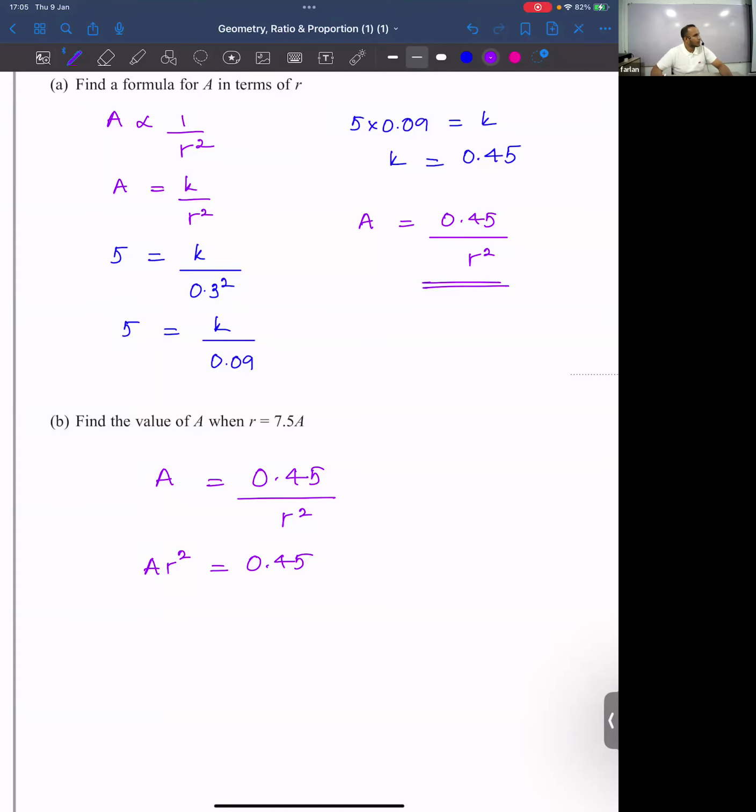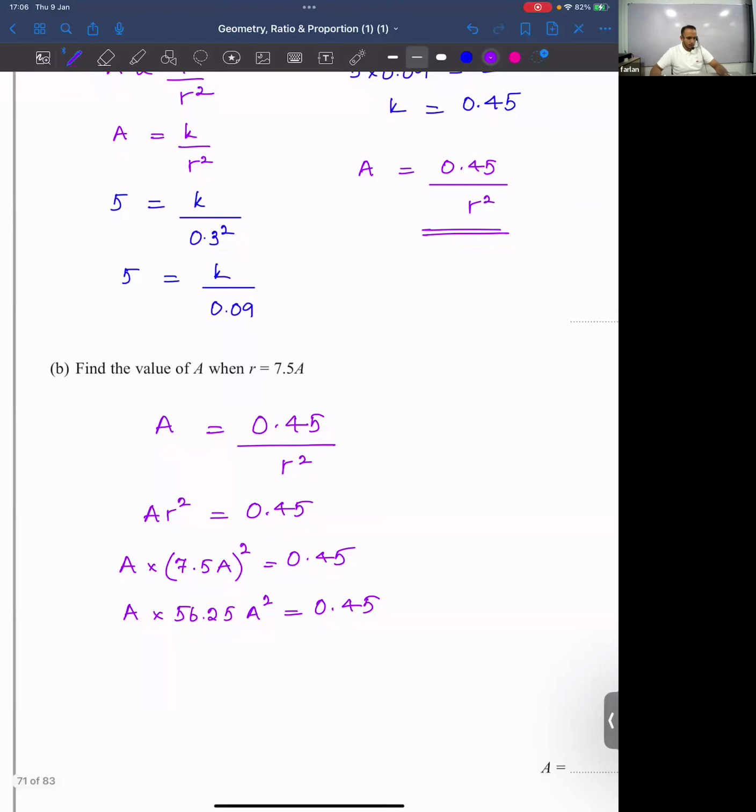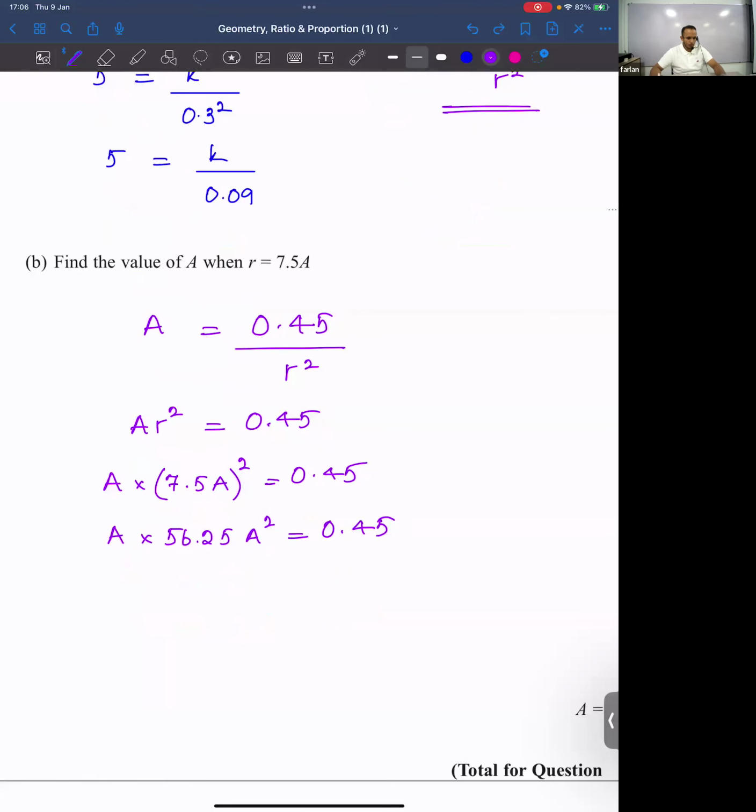A into R square is equal to 0.45, and R is equal to 7.5A, so A into 7.5A square is equal to 0.45. If you take off the brackets, 7.5 square is 56.25, and A square is A square.